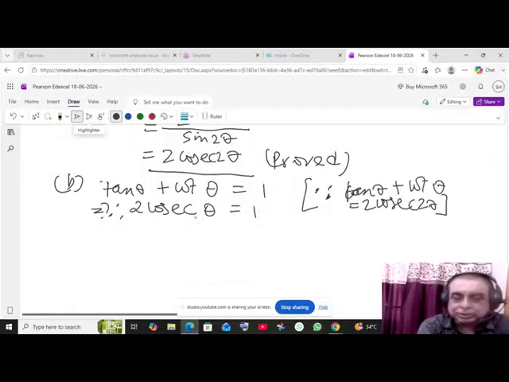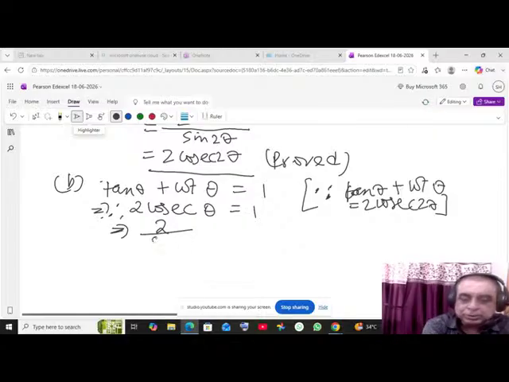Now 2 cosec 2 theta means 2 upon sin 2 theta. So it is 2 divided by sin 2 theta value is 1. Now cross multiply.